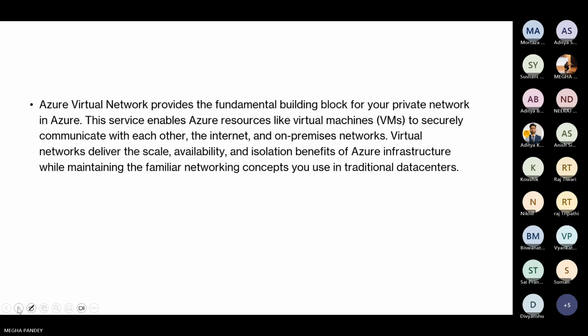So an Azure Virtual Network provides the fundamental building block of a private network in Azure. This service enables Azure resources like virtual machines to securely communicate with each other, the internet, and on-premises networks. Virtual network delivers the scale, availability, and isolation benefits of Azure infrastructure while maintaining the familiar network concepts you use in traditional data centers.